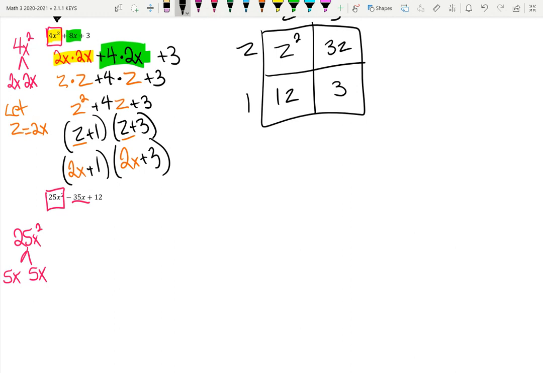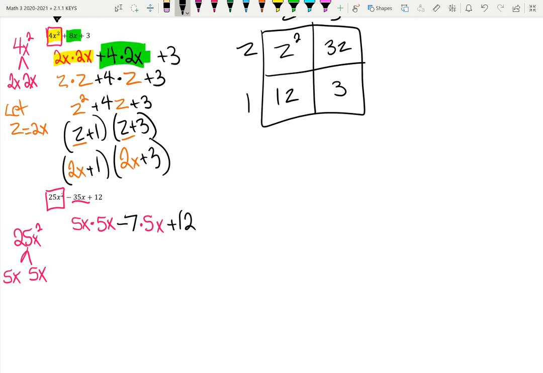So I'm going to rewrite 25x squared to be 5x times 5x. I ask myself, what number times 5 is 35? And then I add 12. This is an equivalent expression. All I did was split up 5x.